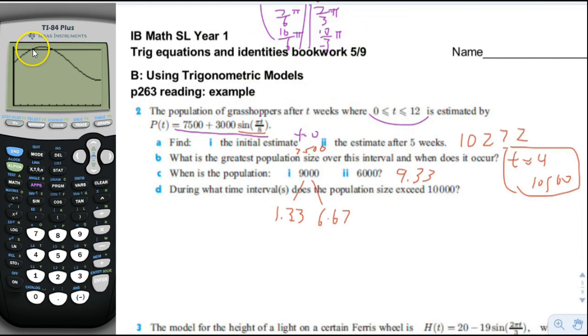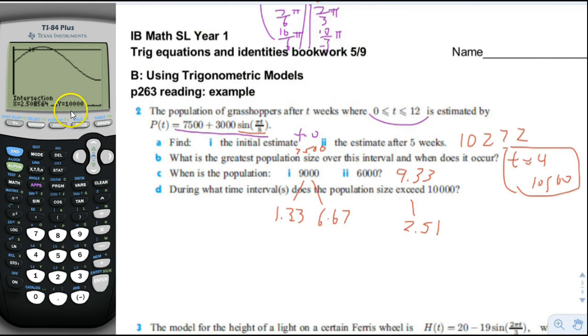Oh, so we'll find out where this point is and where this point is. So the way we do that is we're going to use the intersection also. Number 5. First curve, second curve, guess. And so first we're going to go over to the first intersection, hit enter. And it's going to be 2.51.